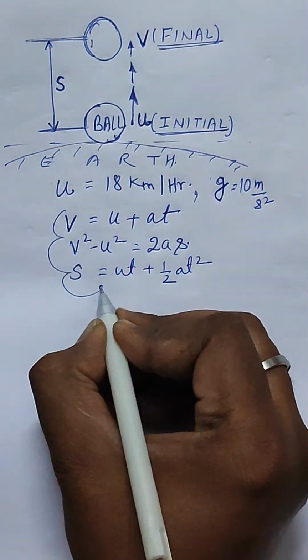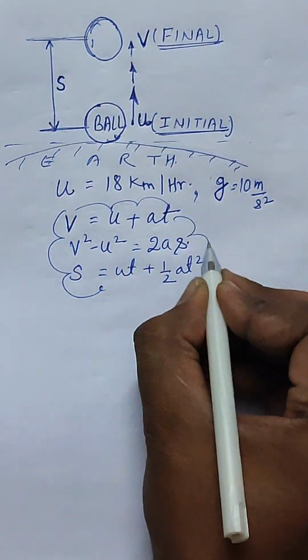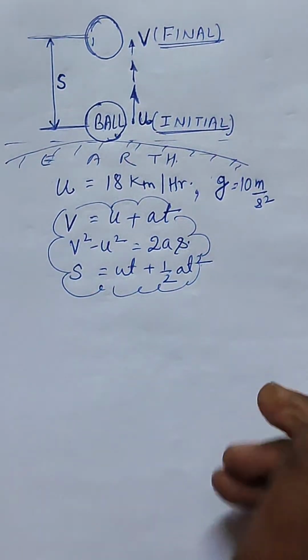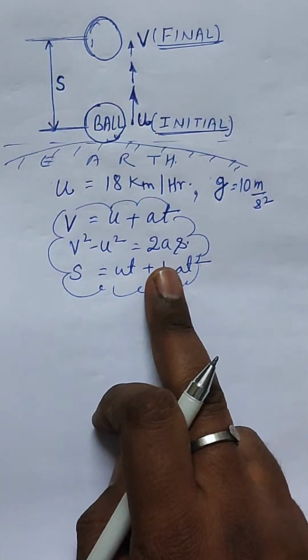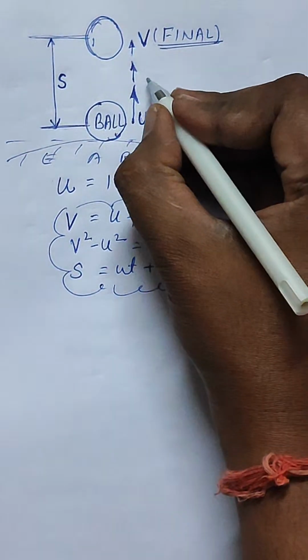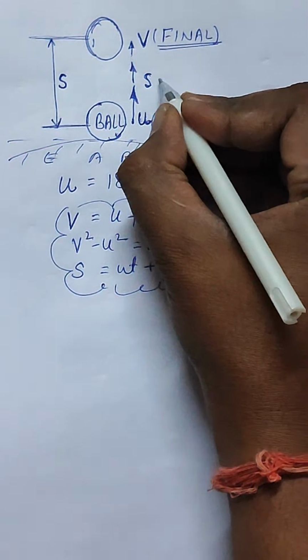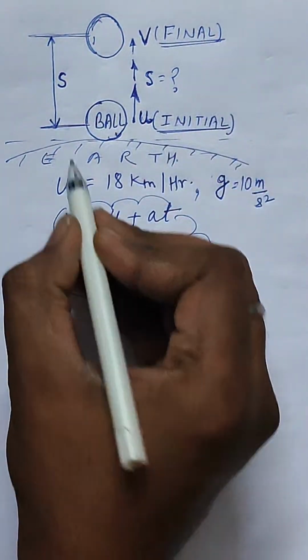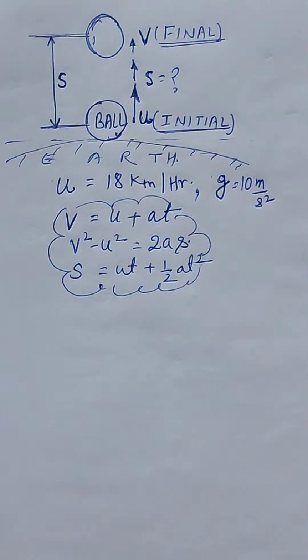These are the three basic formulas which you remember. So you need to select which formula will be used to calculate this displacement s. This is the question: what is the value of this displacement s?